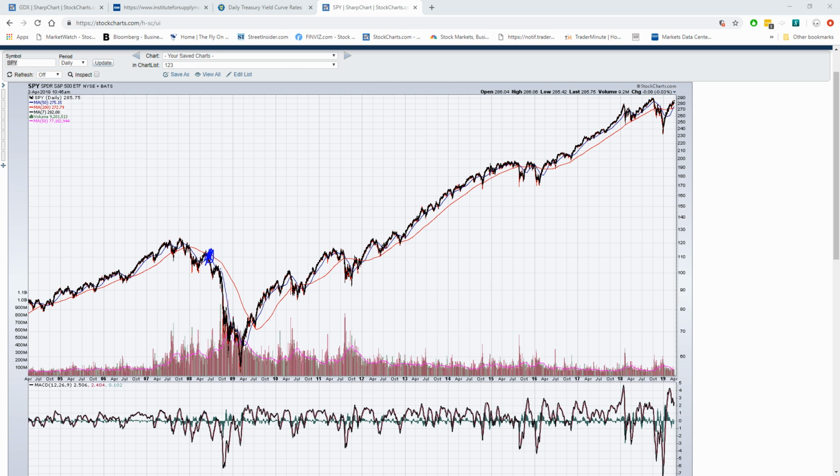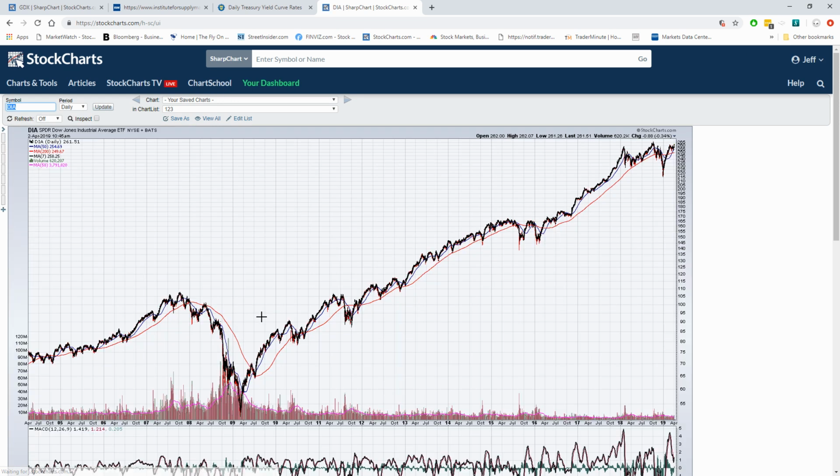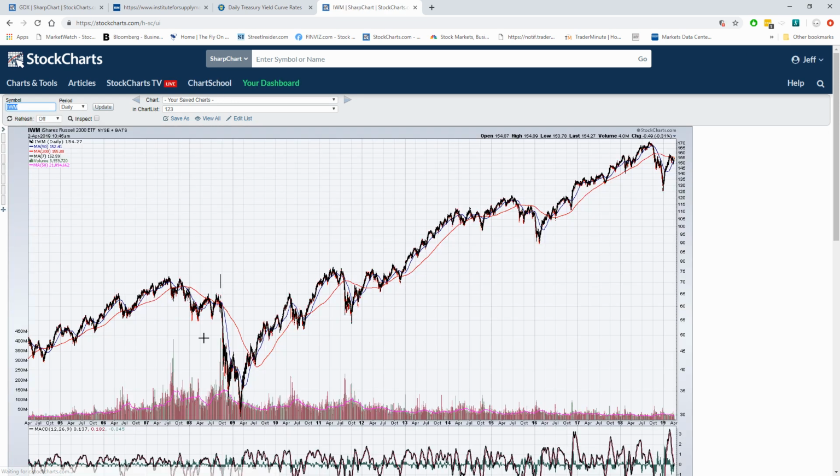The Dow probably did. I just remember a lot being written about the golden crosses that happened at this time period. Let me see if the Dow had that. Not quite. Let's see, small caps probably not. Yeah, small caps did, barely, but overall, a lot of stocks had golden crosses here in 2008, just before the big meltdown.